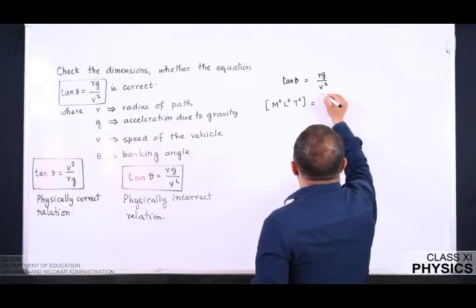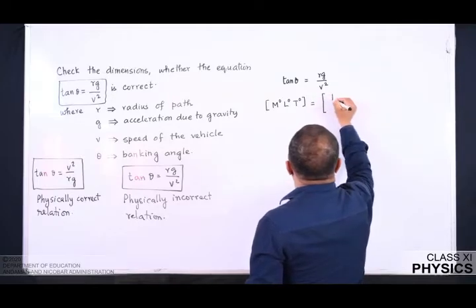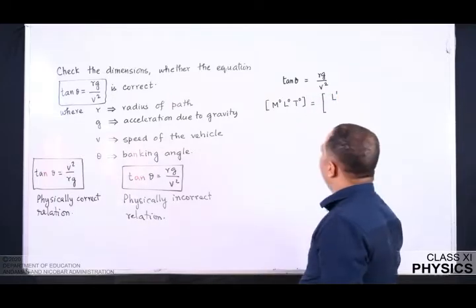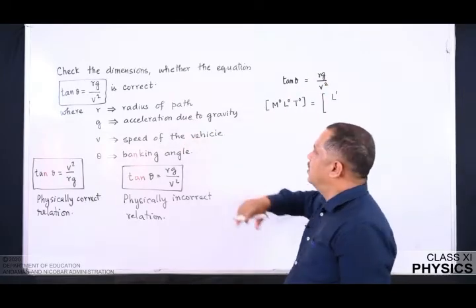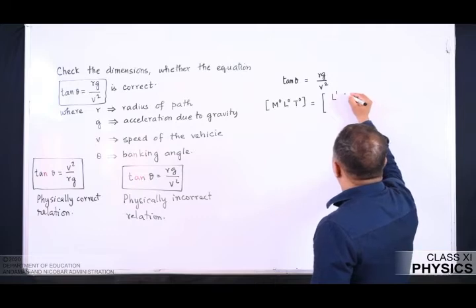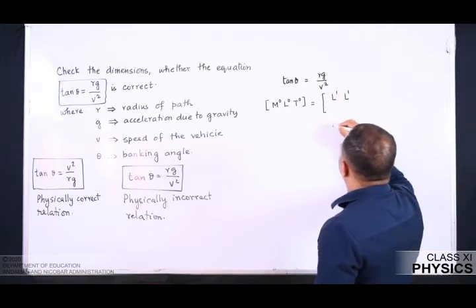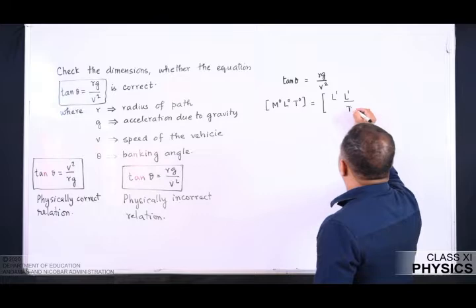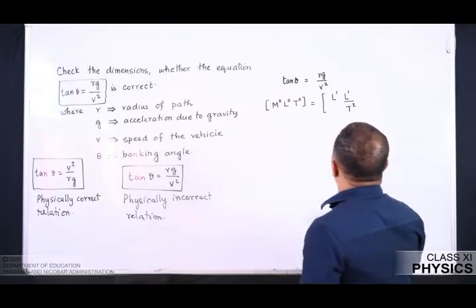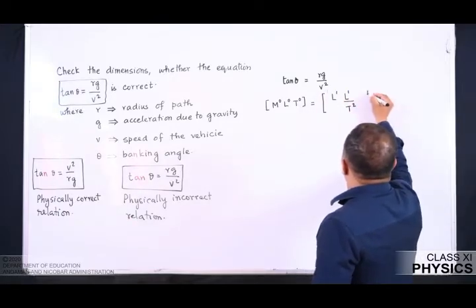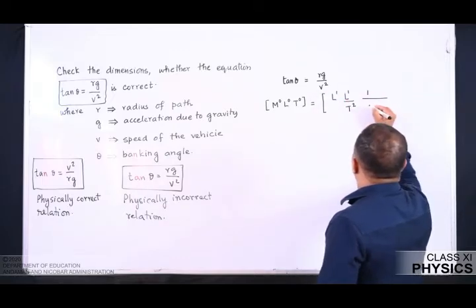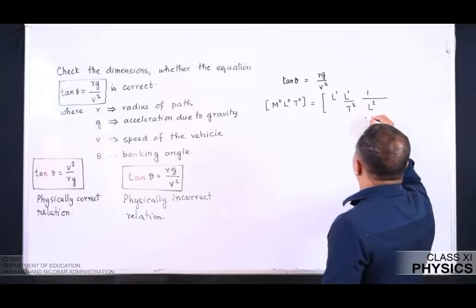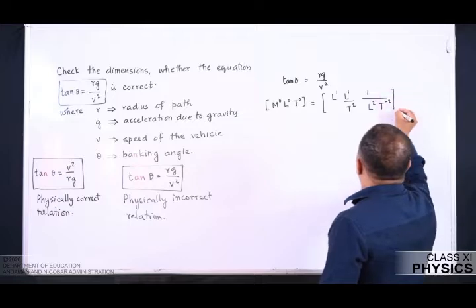r is the radius of the path, so it has one dimension in length. g is acceleration due to gravity, which we have already studied: one dimension in length over 2 dimensions in time. Divided by the square of the speed, which is 2 dimensions in length and minus 2 dimensions in time.